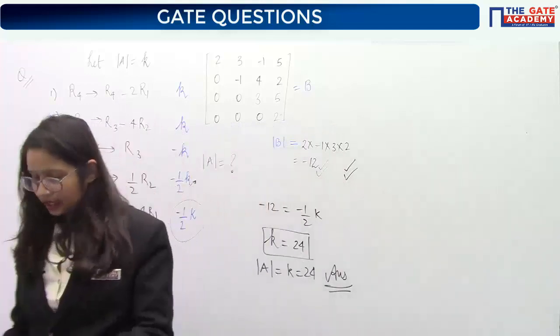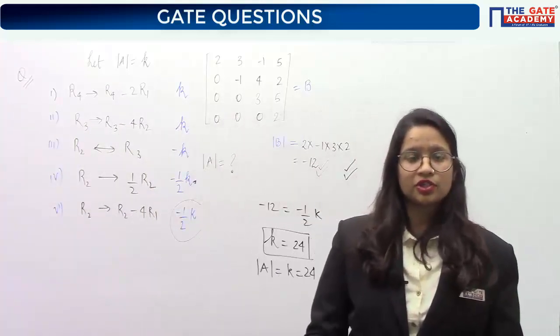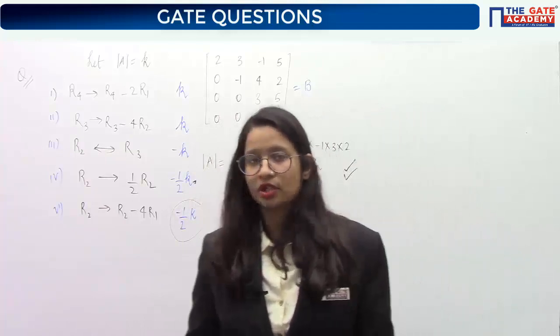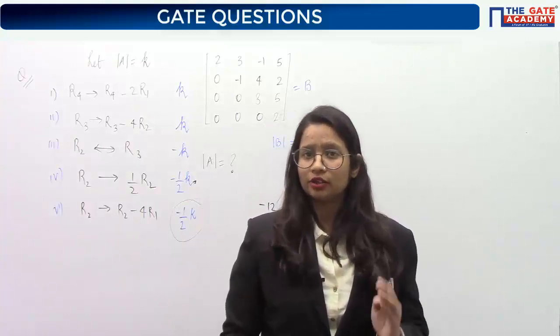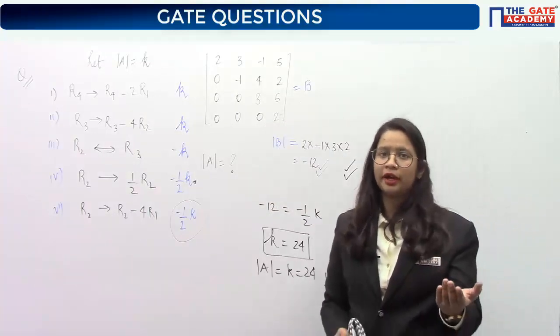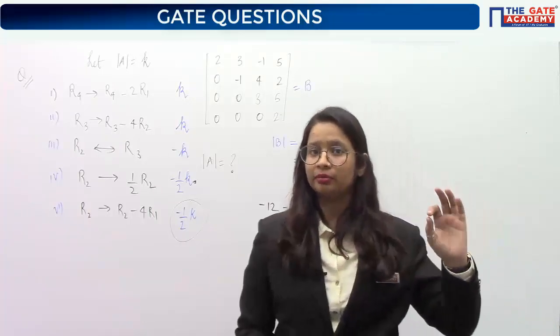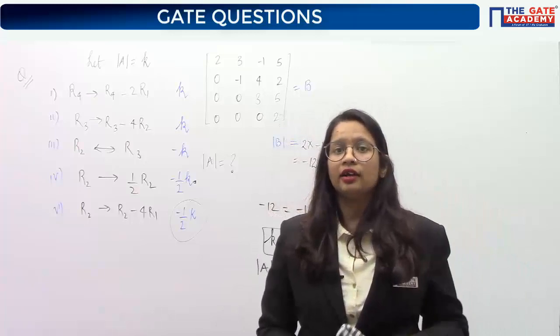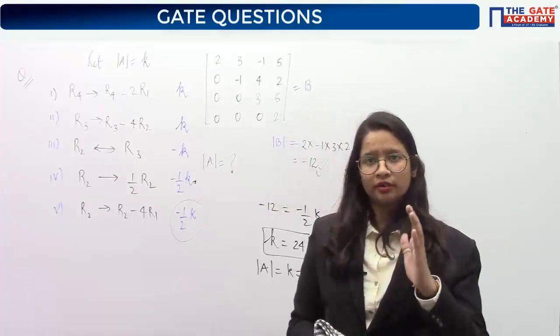One thing I would like to emphasize here is that I have not taken very direct questions which come in the GATE exam, like in the last question where we directly solved the determinant of a 4 cross 4 matrix. I have not taken those questions for the class because you can solve them very easily on your own. I have taken those questions where I can build your concept very thoroughly, and those which you might not be able to solve on your own.